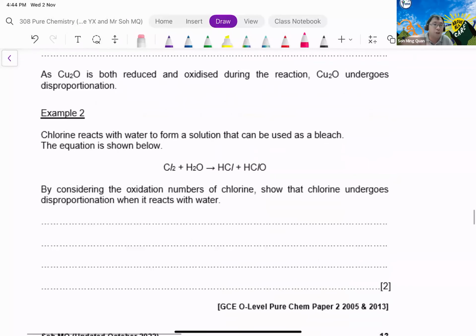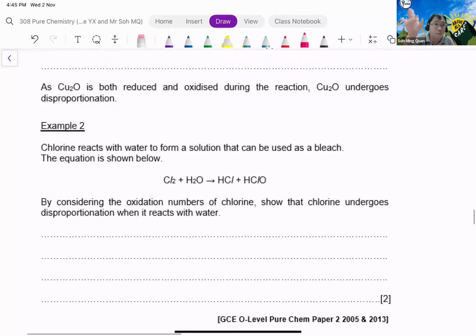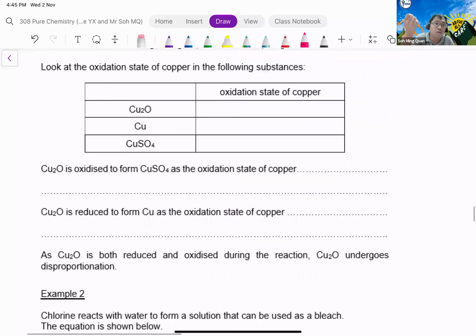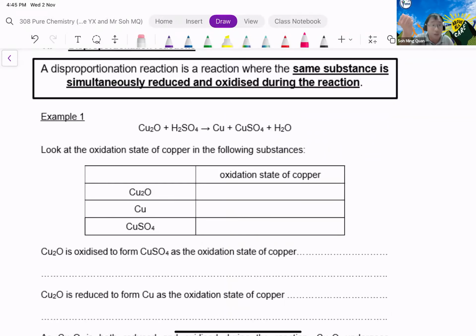So you can see the disproportionation reaction actually came out twice, 2005, 2013. But that's not the only time that it came out. It comes out relatively often, even though it's not part of the syllabus. Why? Because you are expected to apply your knowledge. So tomorrow we will start with disproportionation, this page. So you can read through this page before we start tomorrow.